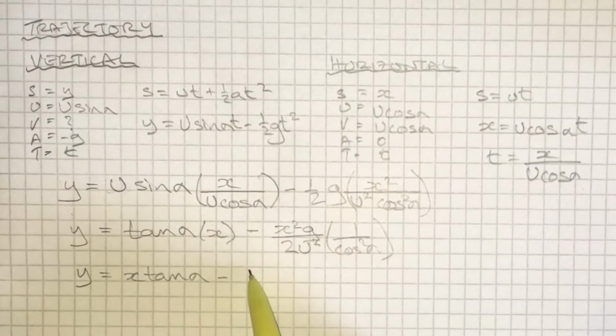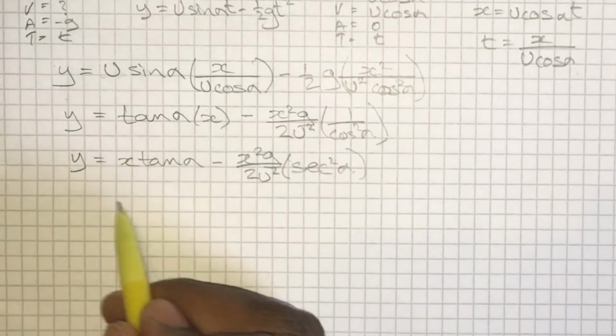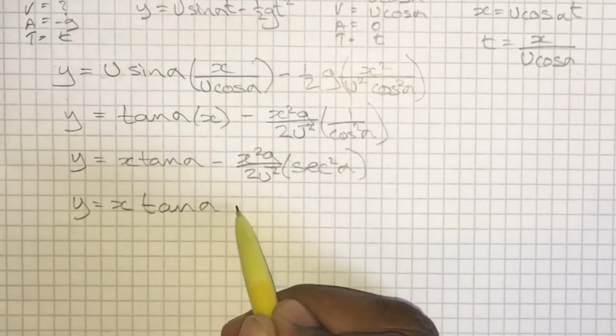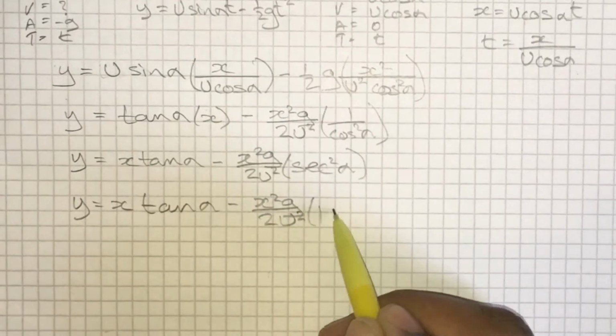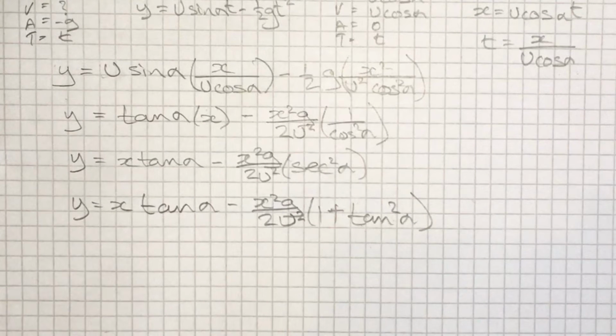Right, rearranging a little bit more, trying to get into the form I was asked to in the question. And we get sec squared alpha, and one more step to hit the show that expression. We're going to substitute sec squared for 1 plus tan squared. All right, and this is the expression we were looking for.